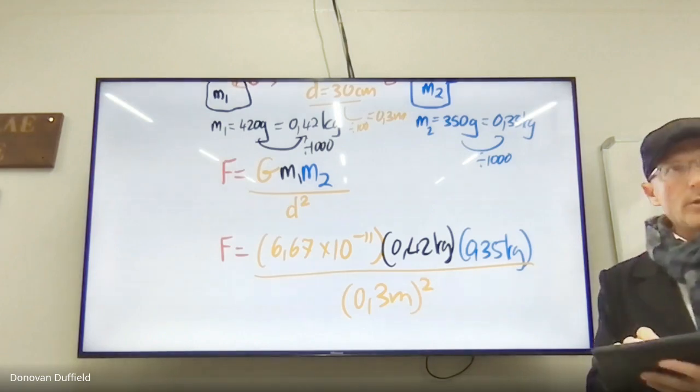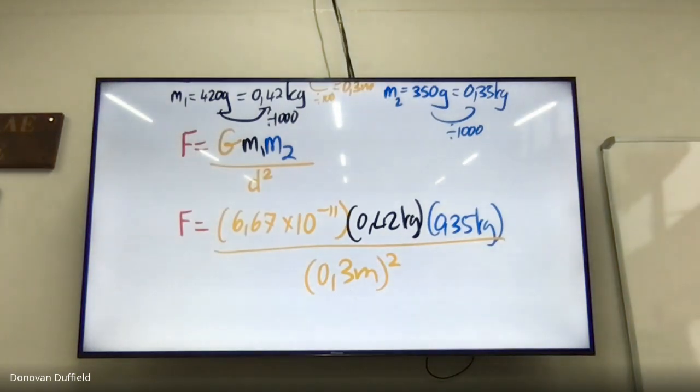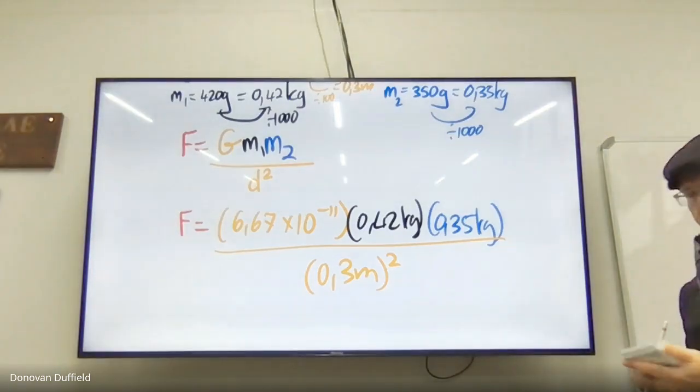Now, let's take our calculators and work that out. 6,67 times 10 to the negative 11 times 0.42 times 0.35 divided by 0.3 squared.